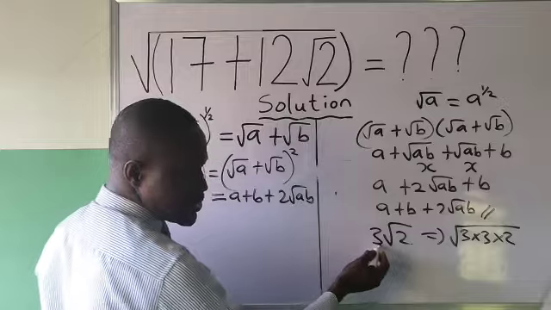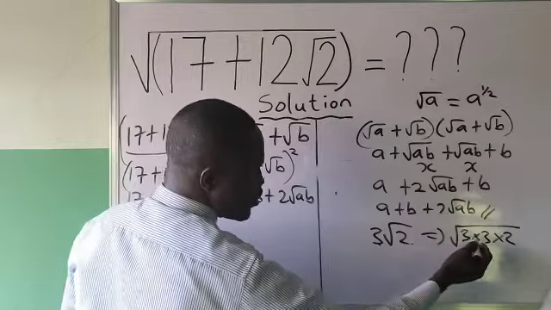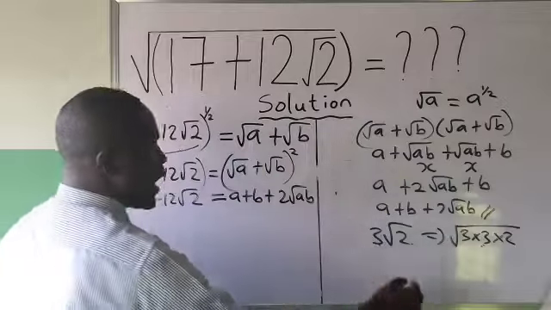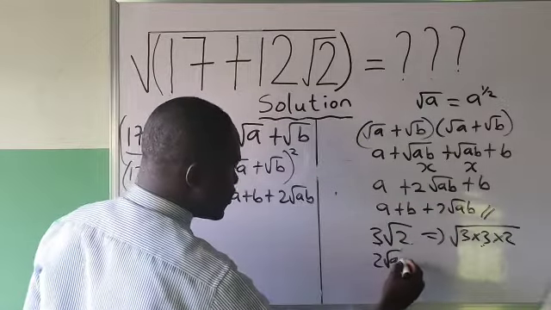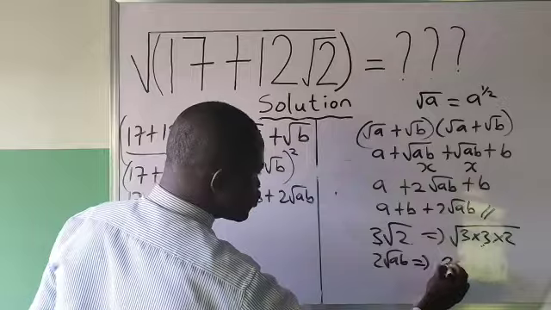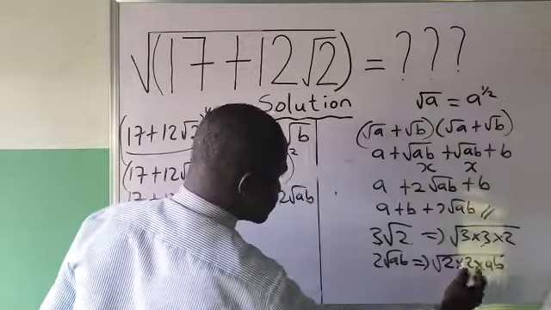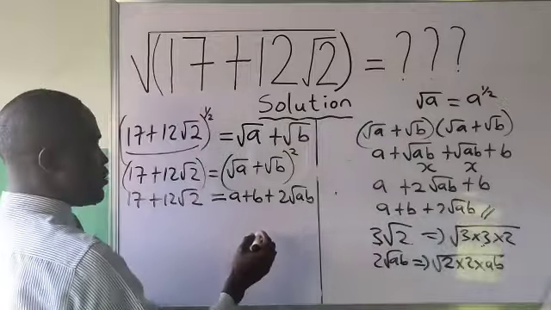This statement is the same thing as this, where you say 3 times 3, 9 times 2. So that means 2 root AB is the same thing as 2 times 2 times AB, which you put under the square root. That will give you 4AB.